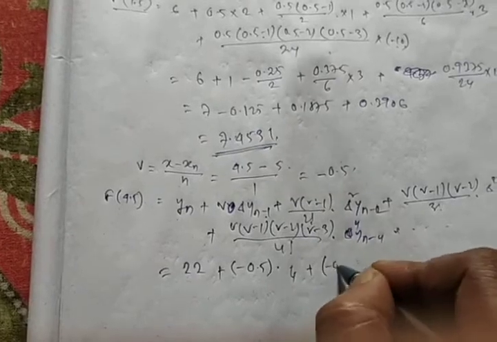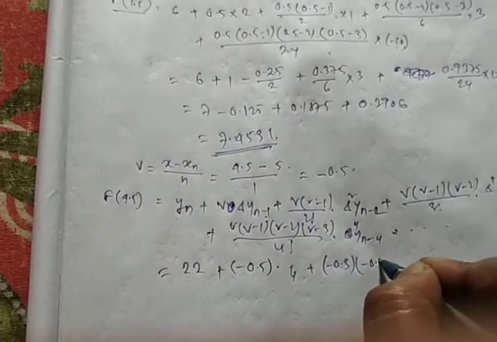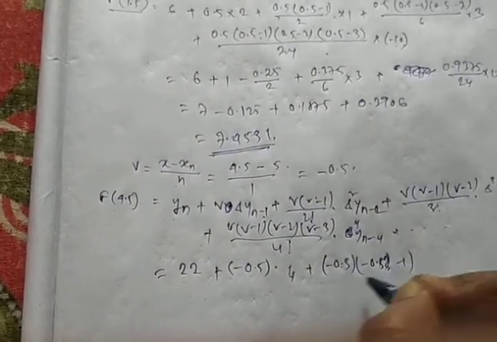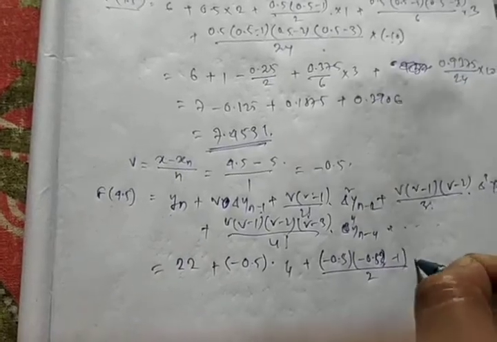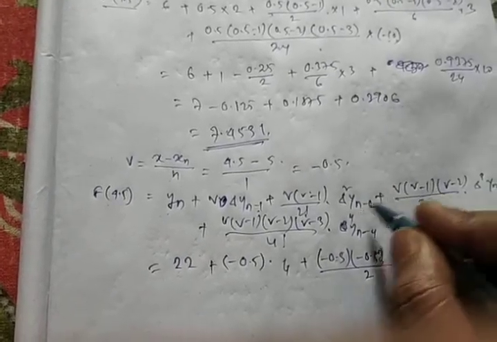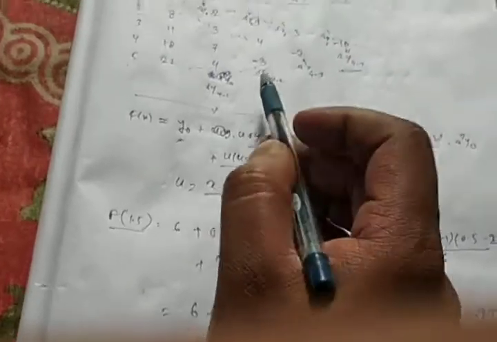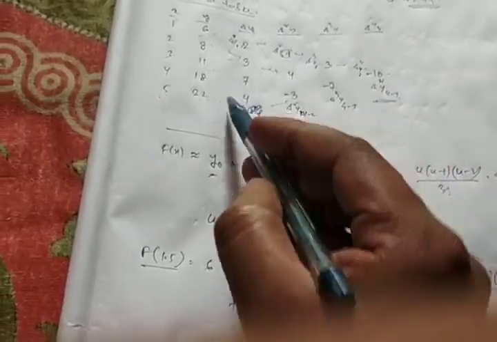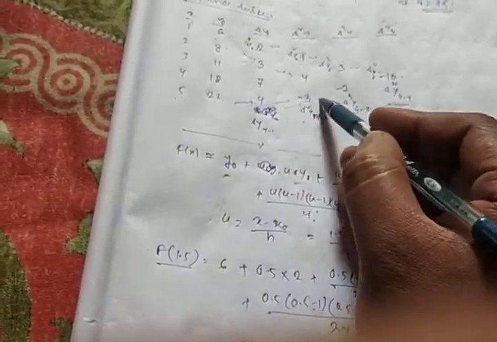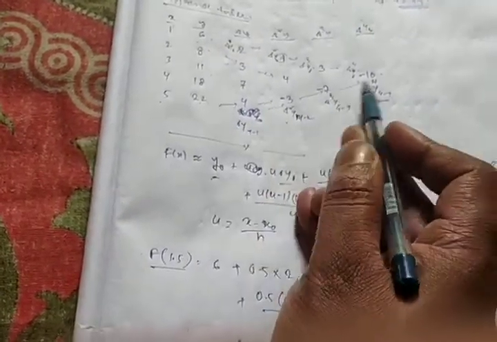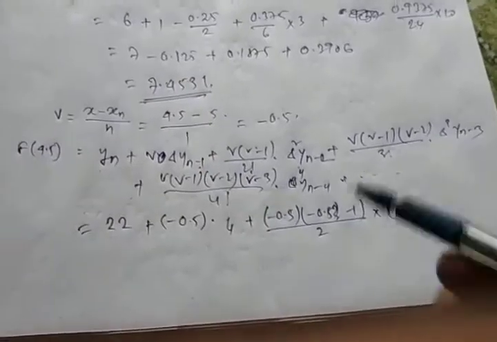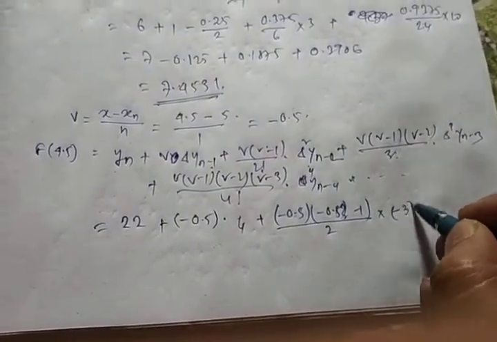Plus minus 0.5 into (minus 0.5 minus 1) divided by 2 factorial into delta square yn minus 1. For the backward formula we will use these values: 4 minus 3 minus 7 and minus 10. This will be minus 3.